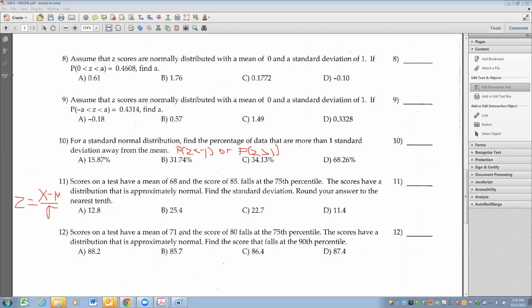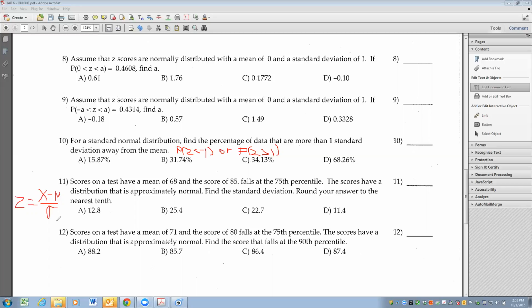On number 12, you're going to do something similar, but you'll do it in 2 steps. I'm going to do the same process where I'm going to find the z-score that goes with the 75th percentile. You can use what you came up with from 11 for that. I'm then going to find the standard deviation for this particular set using these values of the mean and 75th percentile.